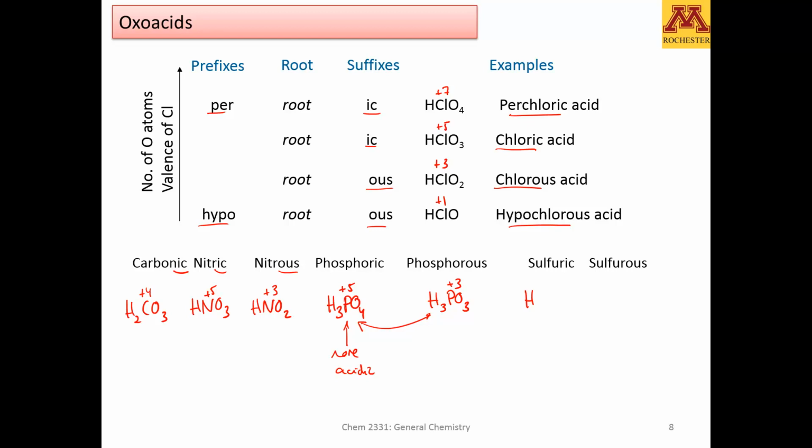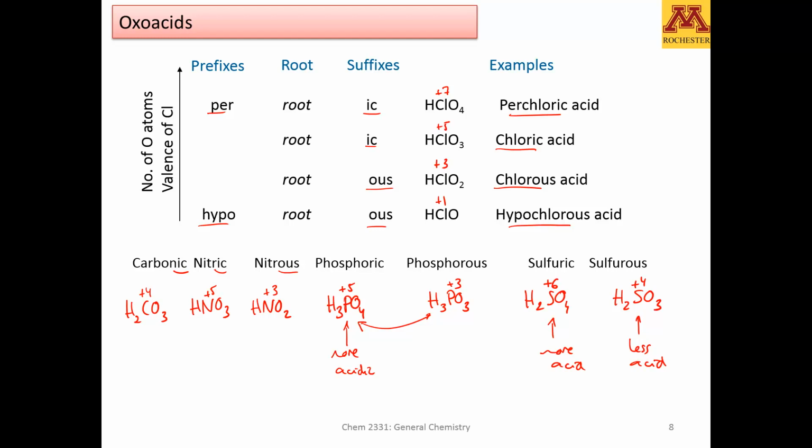It weakens the bond with hydrogen more remarkably. The same goes for sulfuric acid and sulfurous acid. The oxidation state on the sulfur is +6 and +4, and this will be more acidic, and this one will be less acidic.